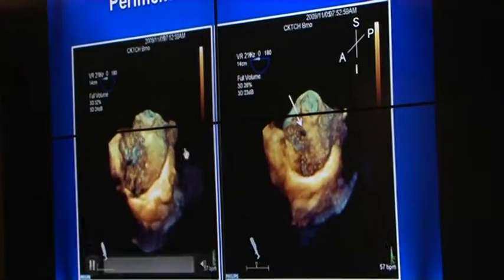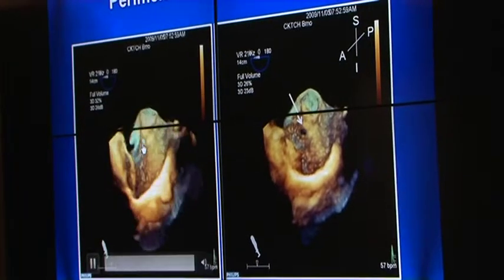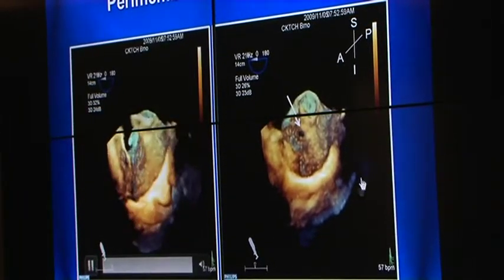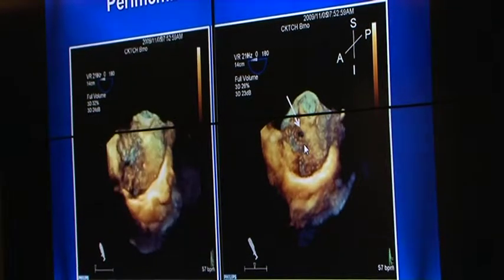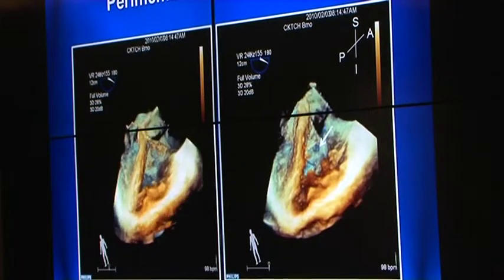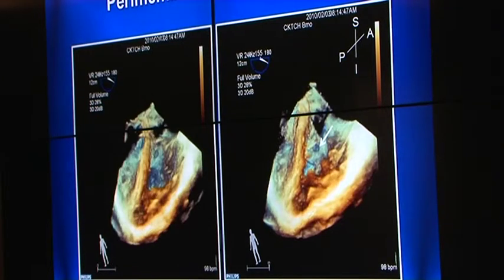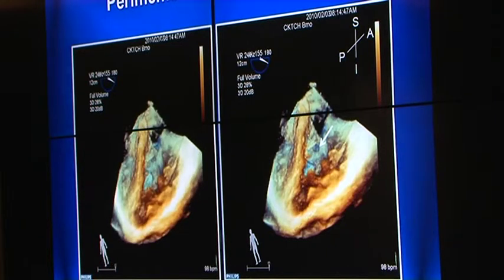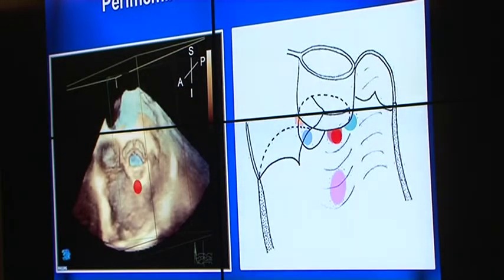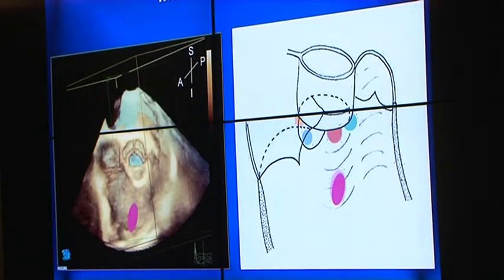So let's look at the frontal view of the inlet type VSD. With slight rotation we can better recognize, and this is from the posterior aspect, the same perimembranous inlet type VSD.